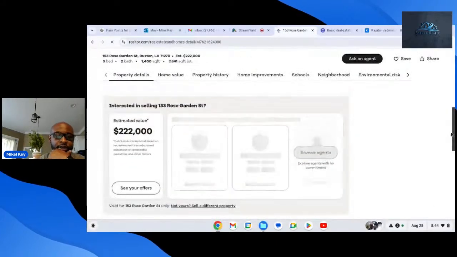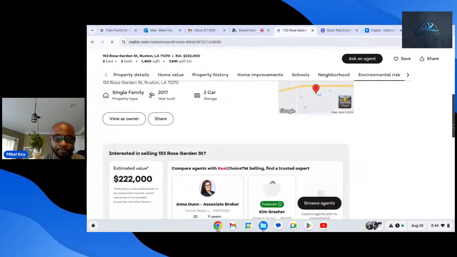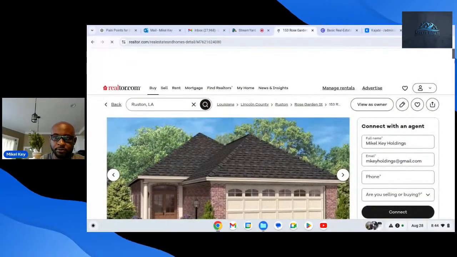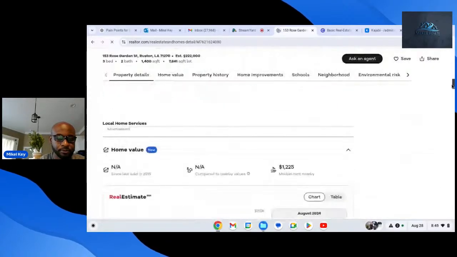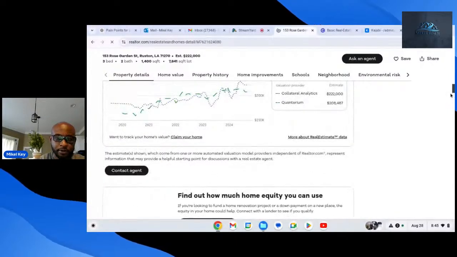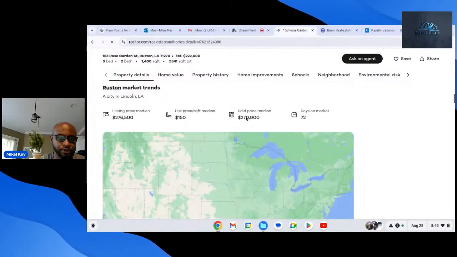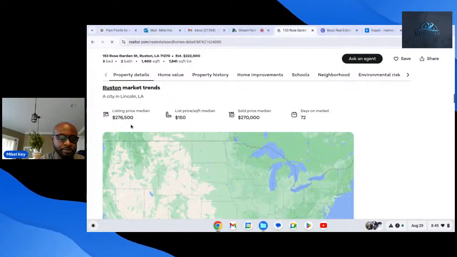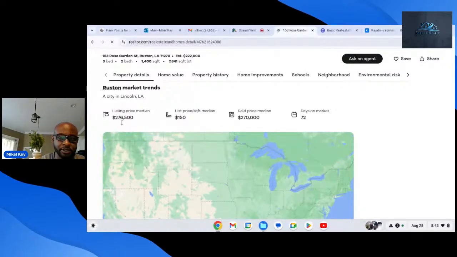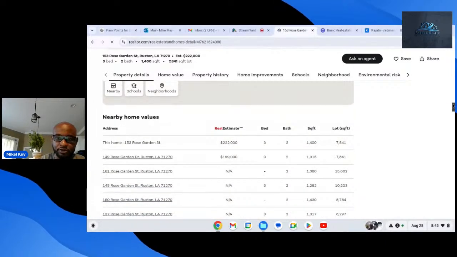The estimated value is $222,000. Now, if you go all the way down in Ruston, it gives you the median listing price, $276,000, and the median list price per square foot, which is the price per square foot that I was talking about, $150 a foot. So if you play around with the data, it gives you all kinds of data.